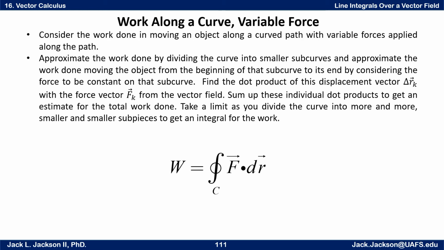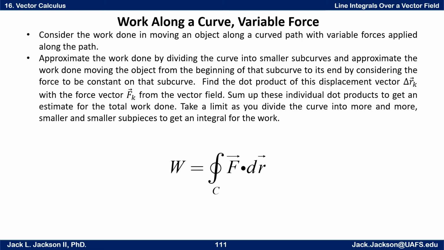So we want to find the dot product of that constant vector, it's not really constant, but we're going to pretend it's constant, and the displacement vector between those 2 points. That's going to give us an approximate amount of work going from one point to a nearby point.